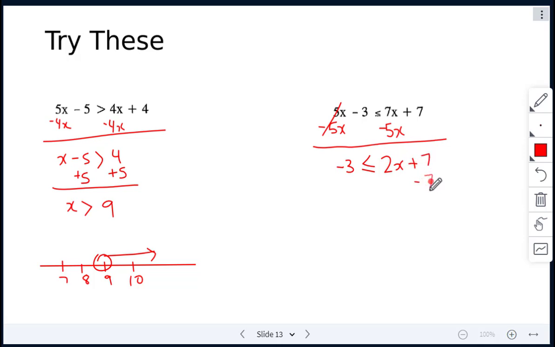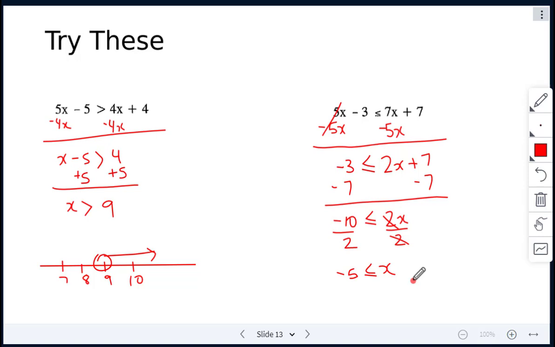And then we would subtract 7 on both sides, and that leaves me with negative 10 is less than or equal to 2x. And then lastly, we're dividing by 2, and we end up with negative 5 is less than or equal to x.